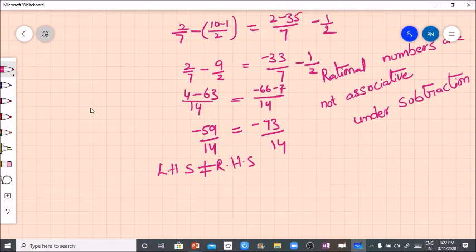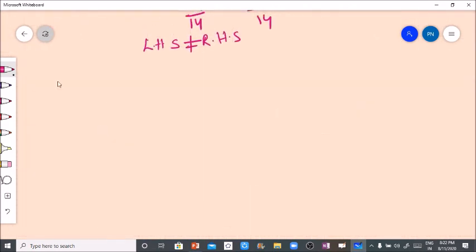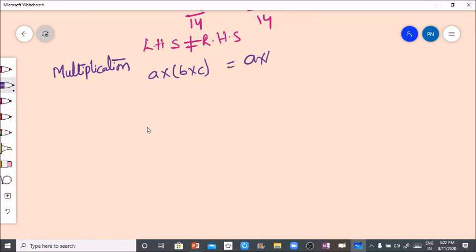Next, subtraction is over. Next one is, yes, multiplication. Okay, I am going to check whether (A into B) into C equals A into (B into C). Is this right or not? Okay. Now also I am taking 2 by 7, 5, 1 by 2.